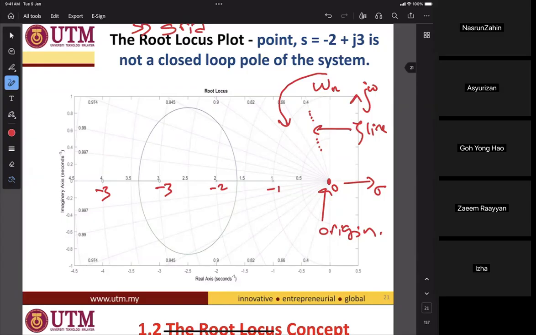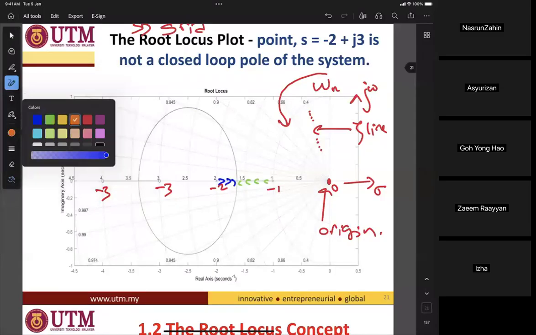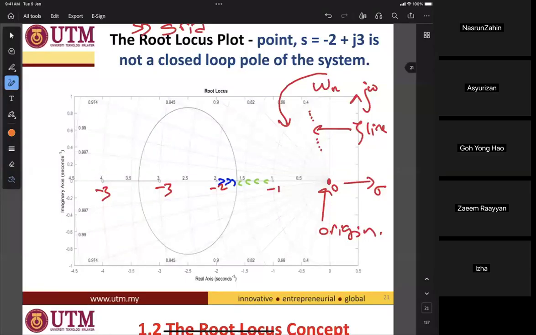If we look at the green line, it starts from here, and the blue line starts from here, and then there is a point. What is the name of that point? Breakaway point.